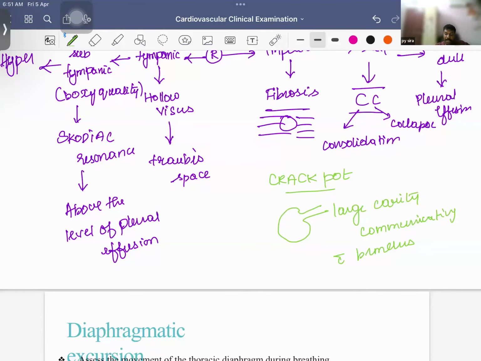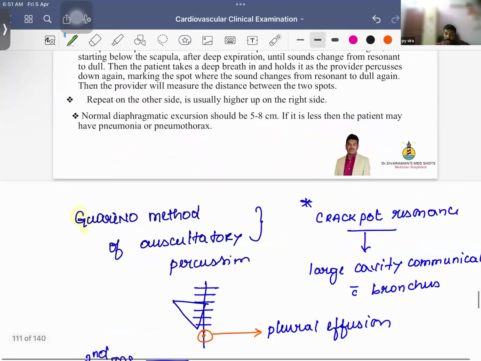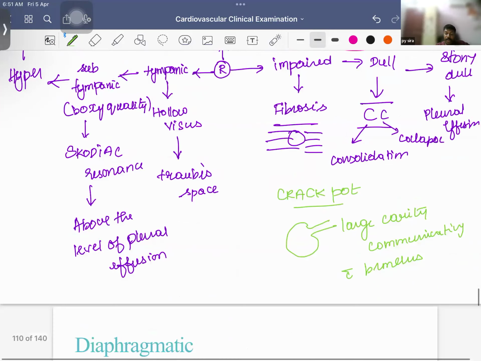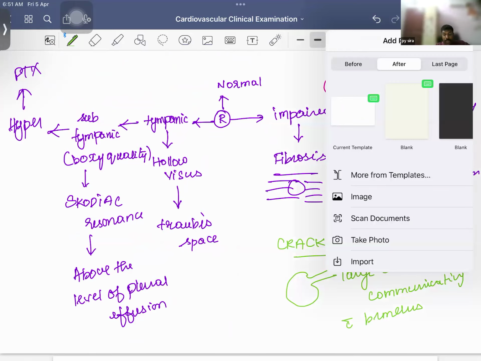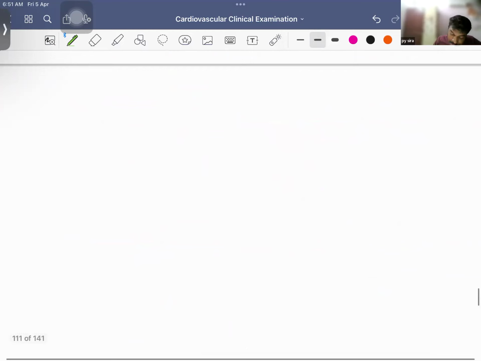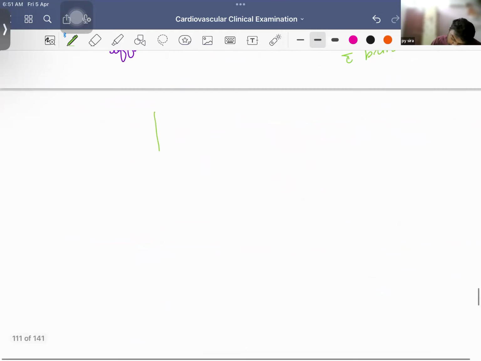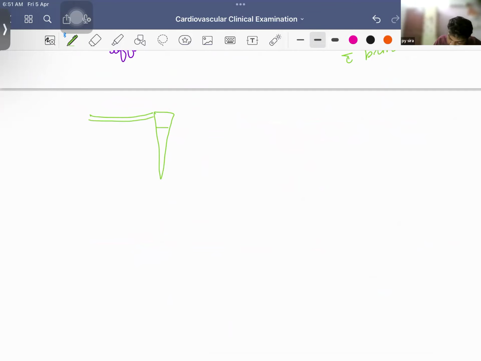Coming to the next thing, which is a very important thing, tidal percussion. We will see this in the liver also, but here also I'm going to tell you about tidal percussion. What is this tidal percussion? This is the sternum of the patient. This is the clavicle. This is the angle of Lewis, and this angle of Lewis corresponds to the second intercostal space.